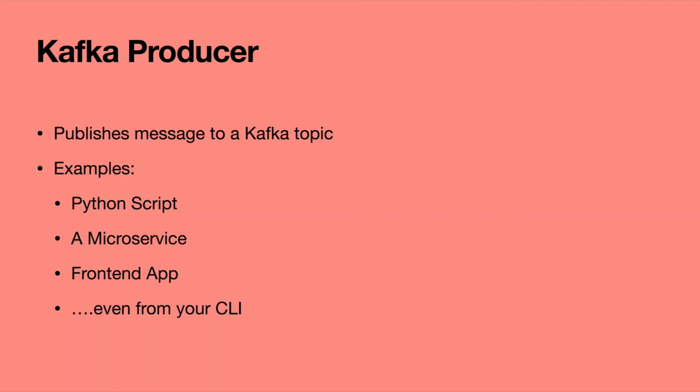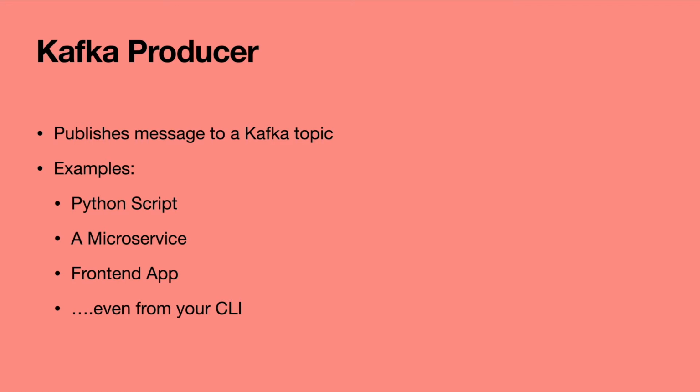The next concept is what we call a Kafka Producer. Anything that publishes a message to a Kafka topic is called a Kafka Producer. It can be a Python script that you write. You can literally just write to Kafka and you're a producer. You might have a microservice which writes to Kafka whenever a certain endpoint is called.